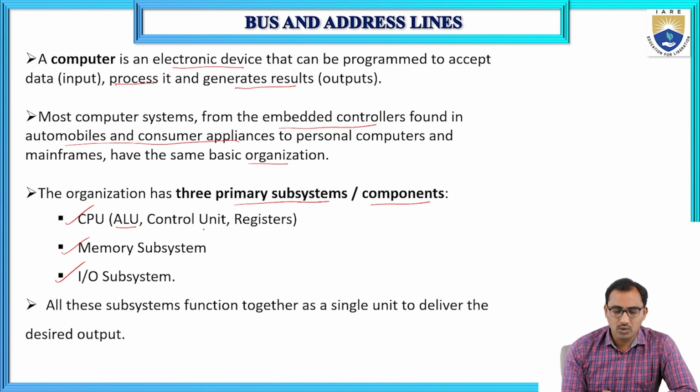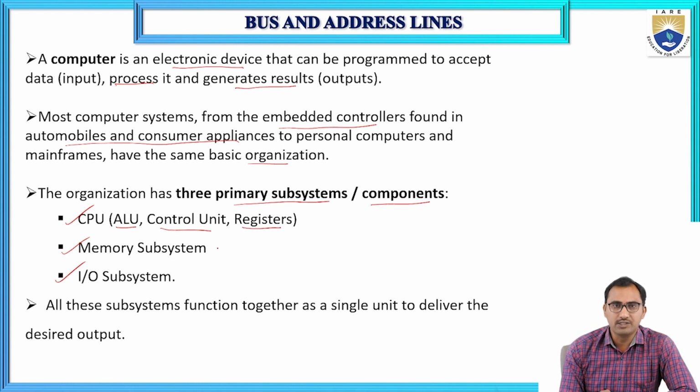Coming to the control unit, it is used to generate timing and control signals, because the computer consists of various modules. In order for all those modules to function properly, they require synchronization and timing signals. These are generated by the control unit.